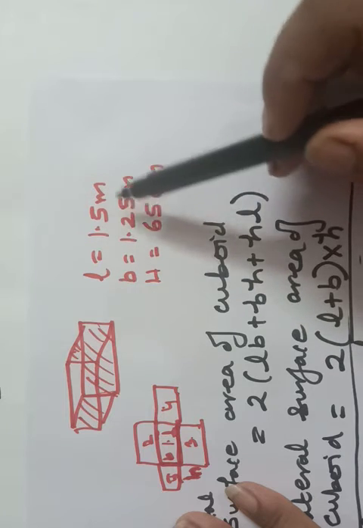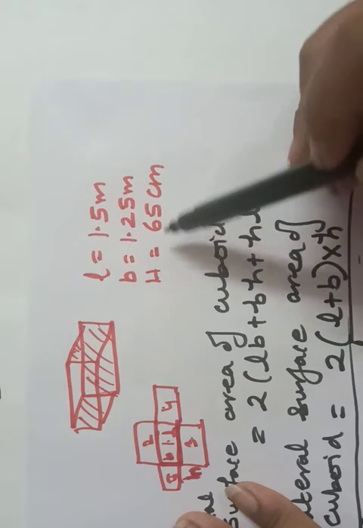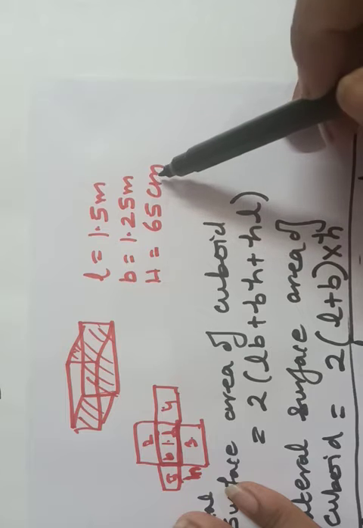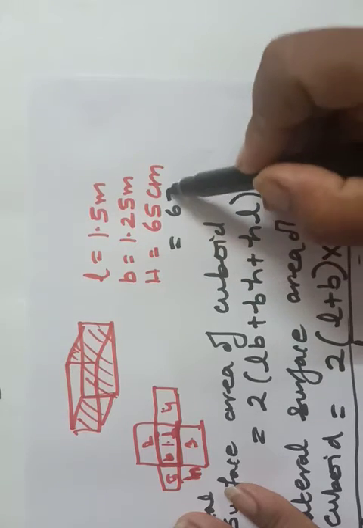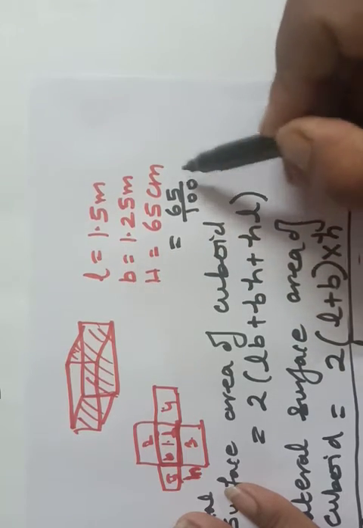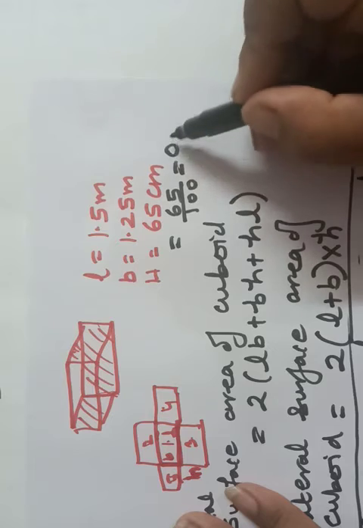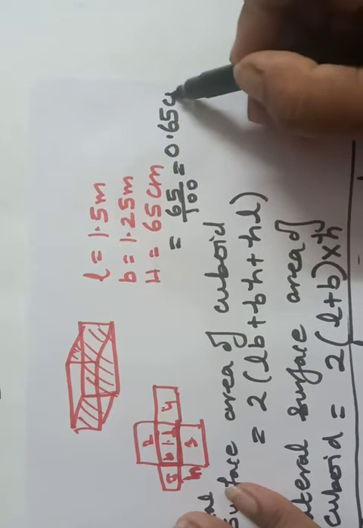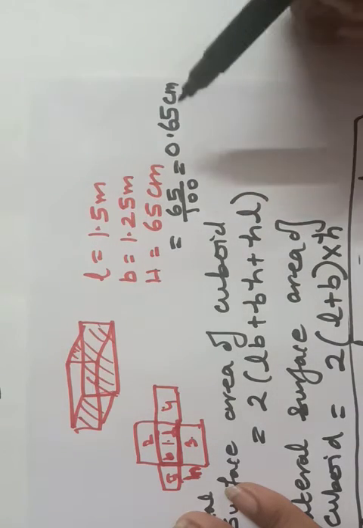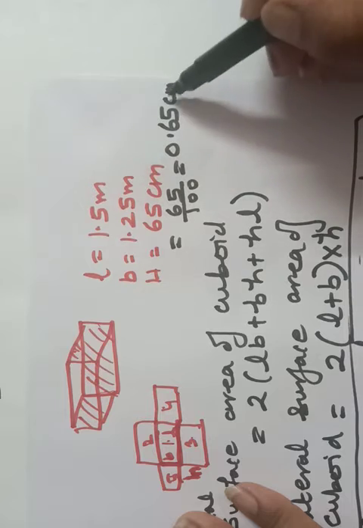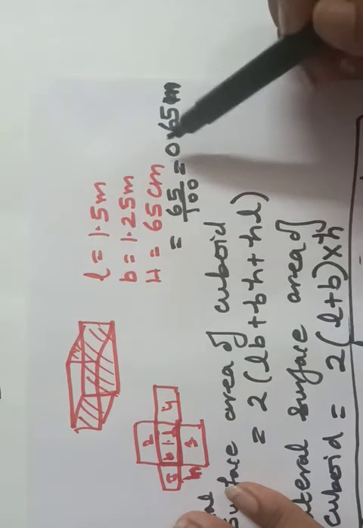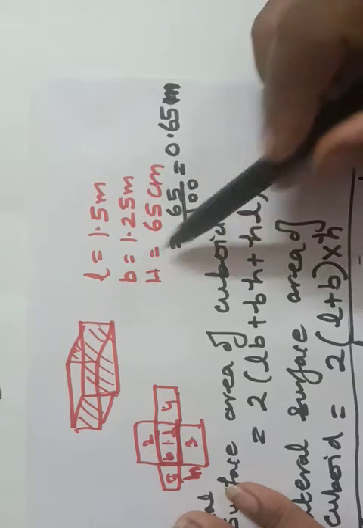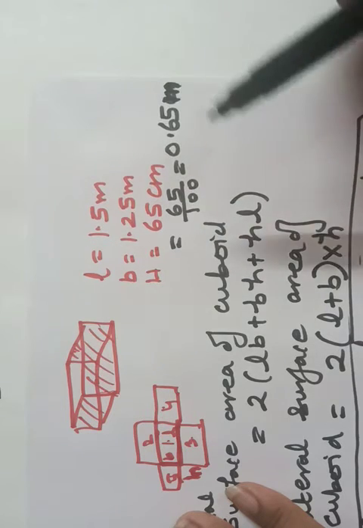The length is in meters, the breadth is also in meters, but the height is in centimeters. So we need to change the height into meters. Dividing, 65 upon 100 equals 0.65 meter. Now all three dimensions are in the same unit.